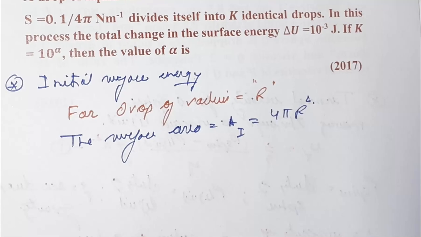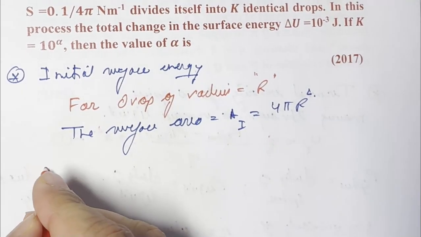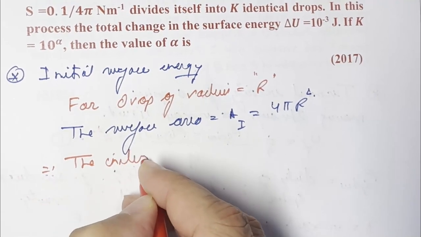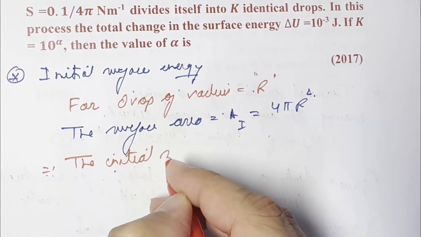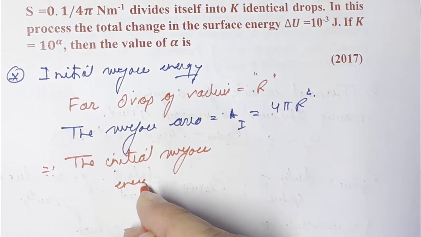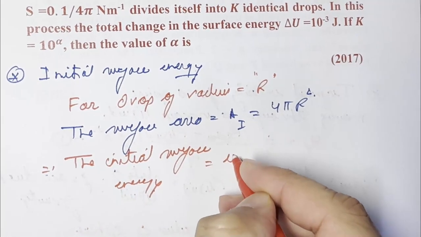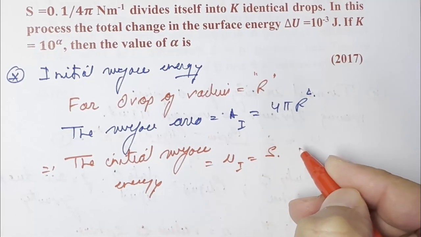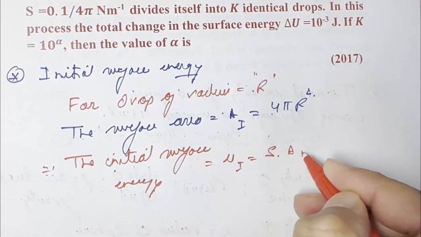Therefore, the initial surface energy, let us call that U I, will be equal to S, that is the surface tension, multiplied by the initial area.